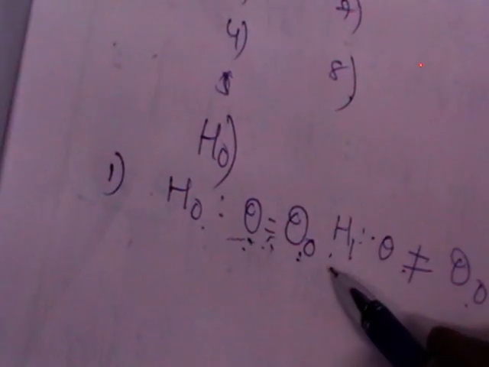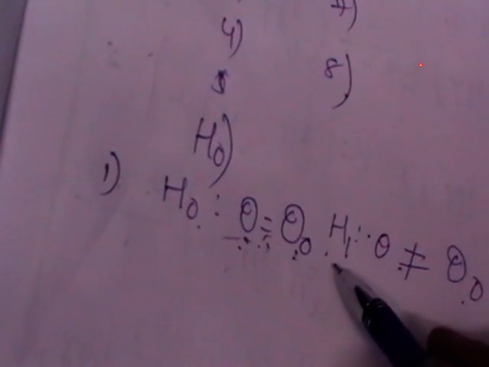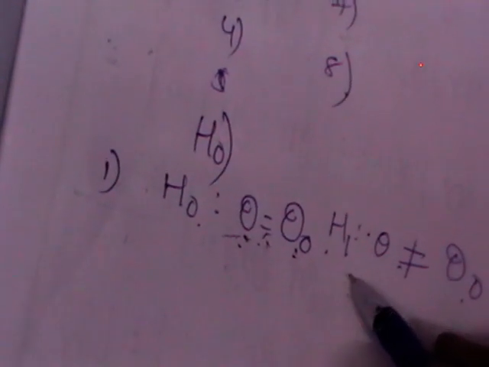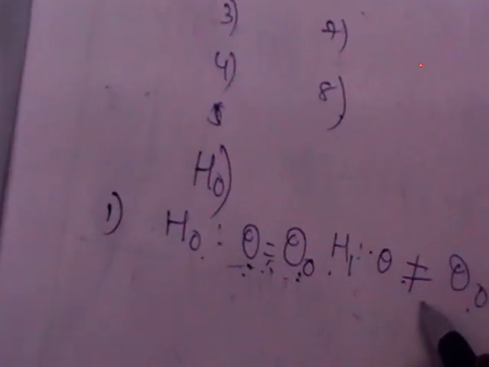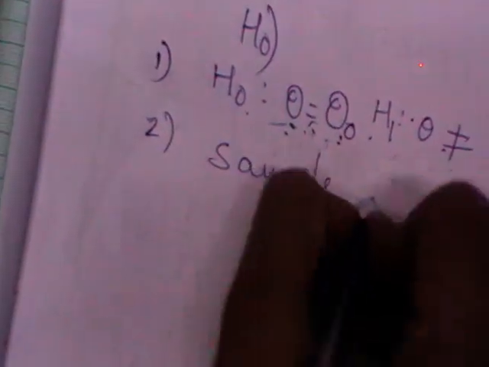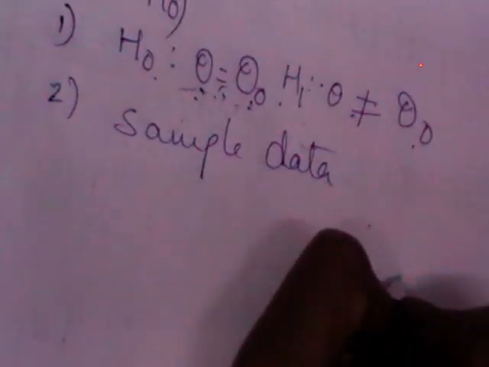Whenever we write a null hypothesis, it is always followed by the alternative hypothesis denoted by H1, such that if H0 is of equal to type, then H1 will be of not equal to type. So this is the first step, setting up of the null hypothesis. The second one is sample data. Data is collected, and you collect the required sample for performing the calculation or for the decision part.